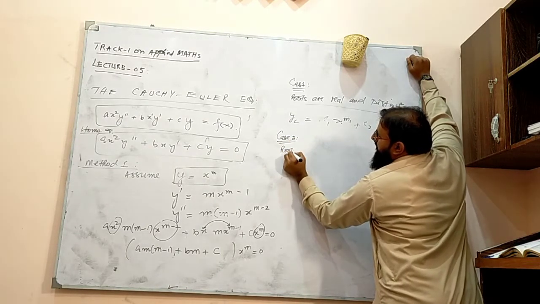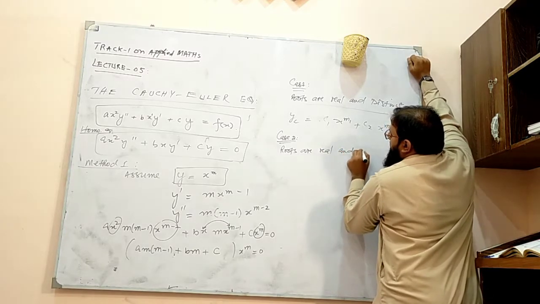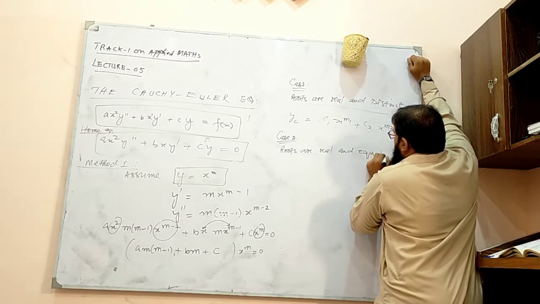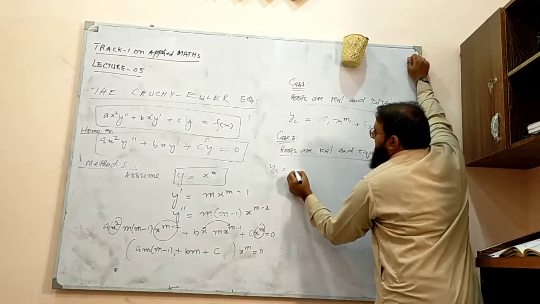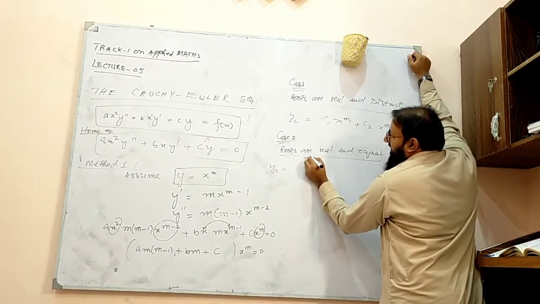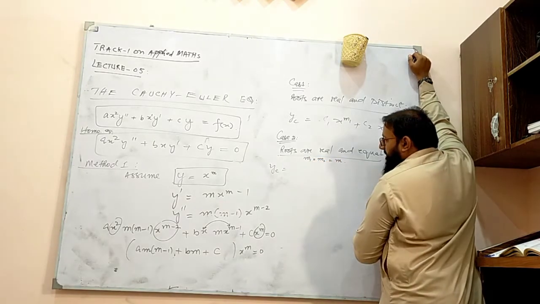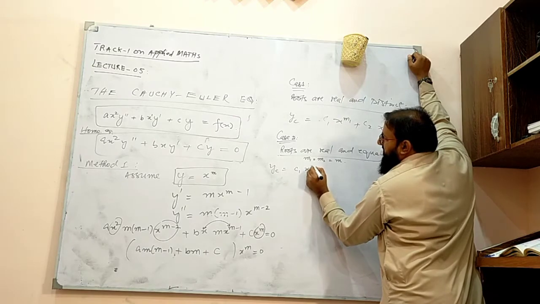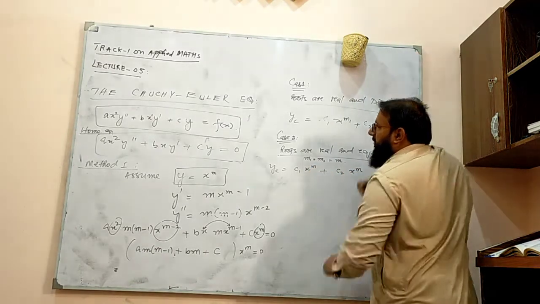The second case is roots are real and equal. So what should be yc in this case? Again, I'm saying m1 is equal to m2 is equal to m. So c1 x raised to m, c2 x raised to m. You can see both are the same.